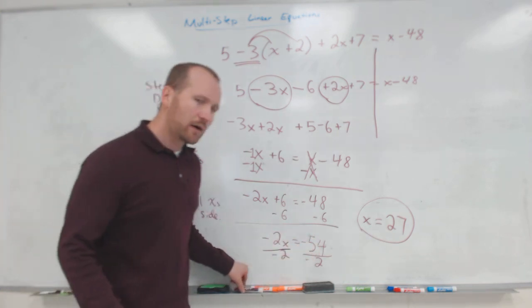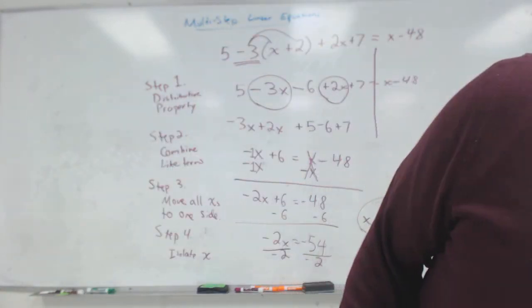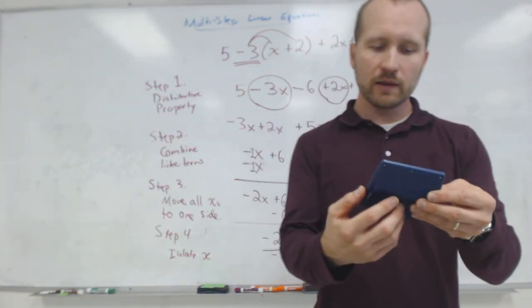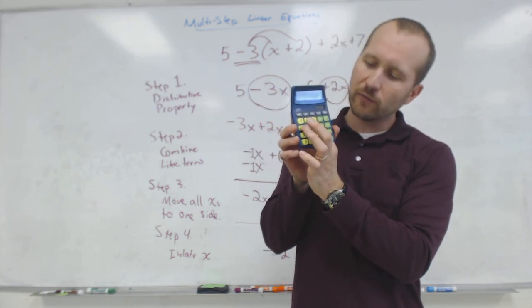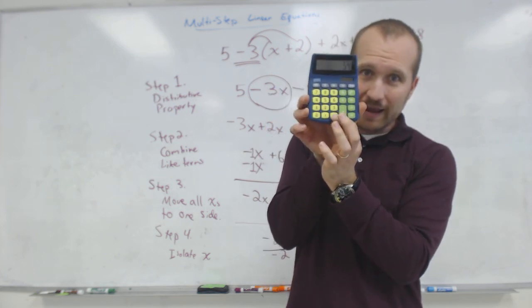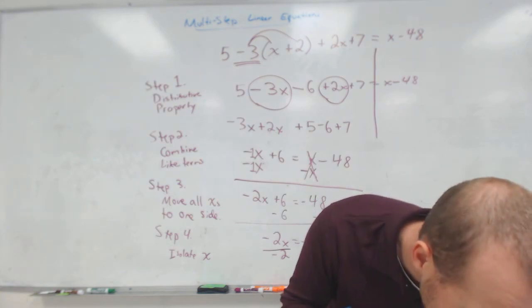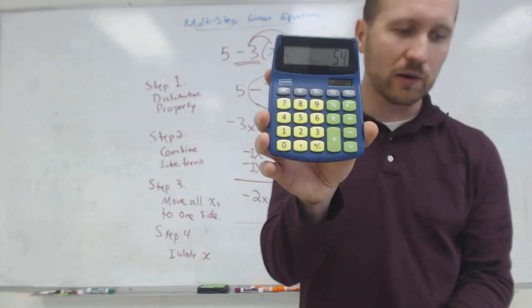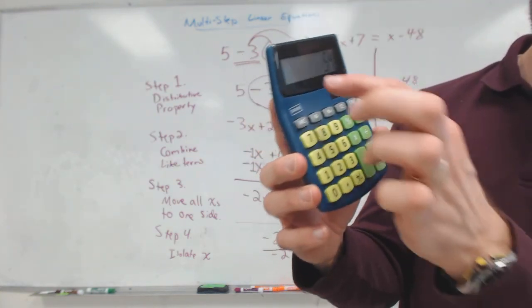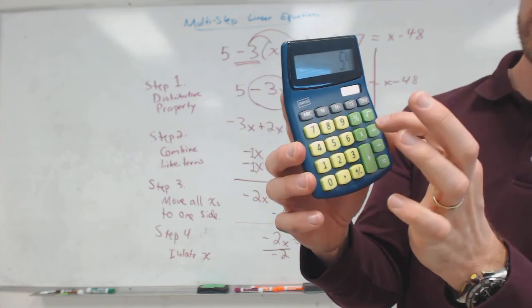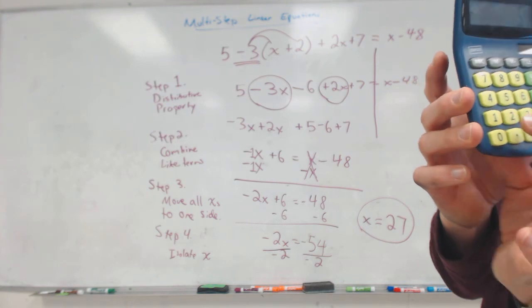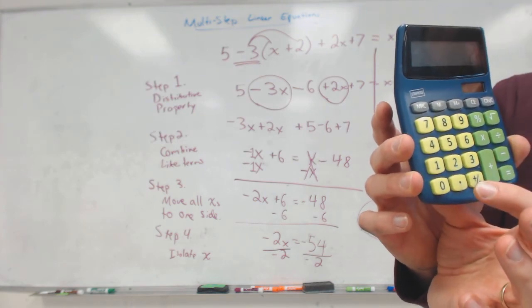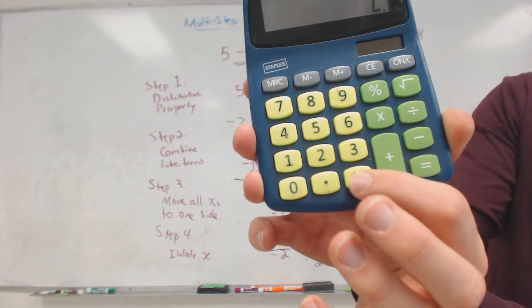Now remember, on a calculator like one of these, you cannot type in negative 54. You have to type in 54, make it negative. I don't know if this is showing up to you on here, but that's how you get negative 54. Divided by, and I'm not going to type in negative 2, I'm going to type in divided by 2, negative.